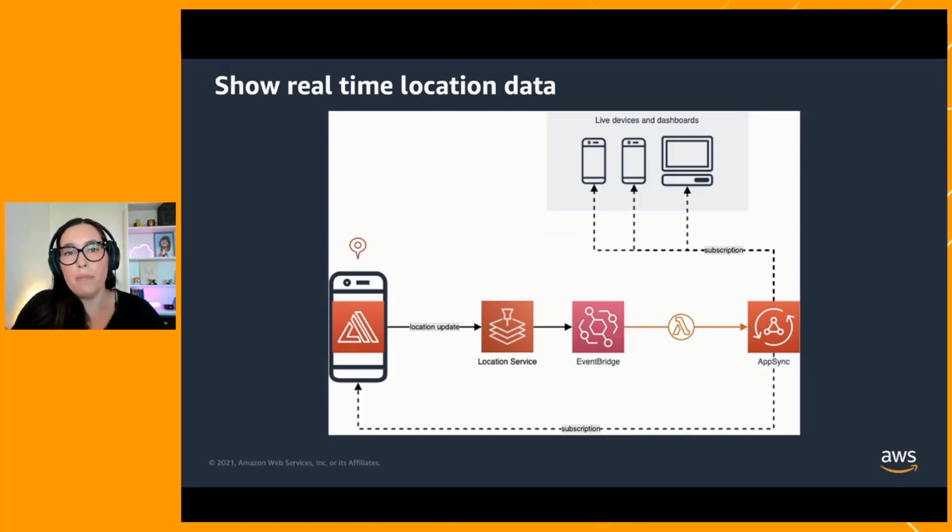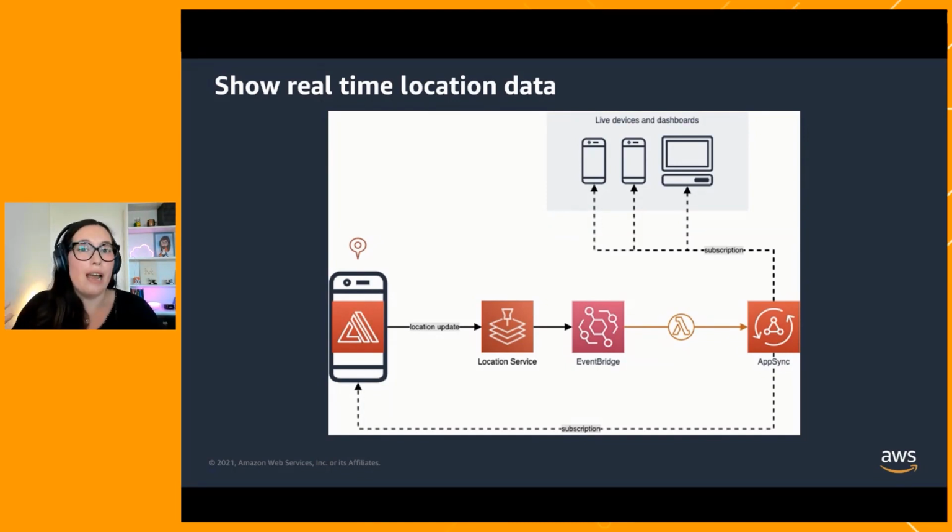But now, before our target was CloudWatch, and now our target will be a Lambda function. This Lambda function will send a message to our AppSync endpoint that we created in the previous sessions, a message that says, hey, this location event happened. Then AppSync will have a subscription that all the devices will be listening to.